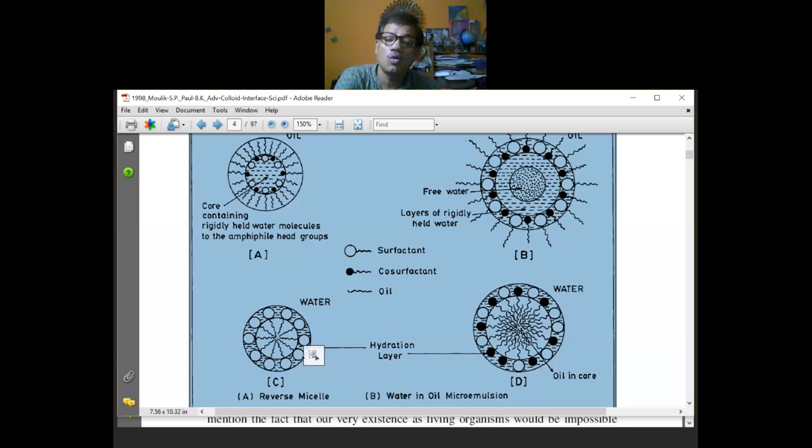Now, the core of this micelle can accommodate some oil. If you go on adding oil, initially the oil will be accommodated, so the size will increase.